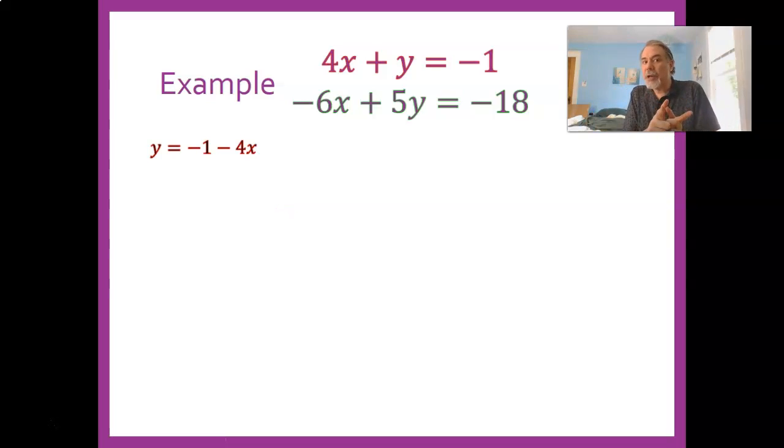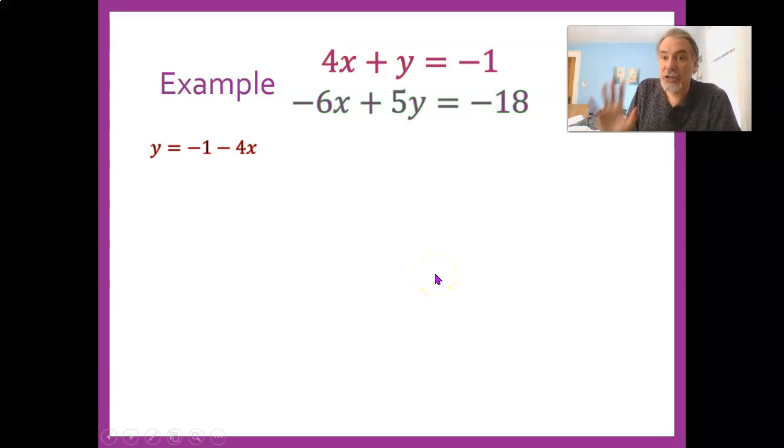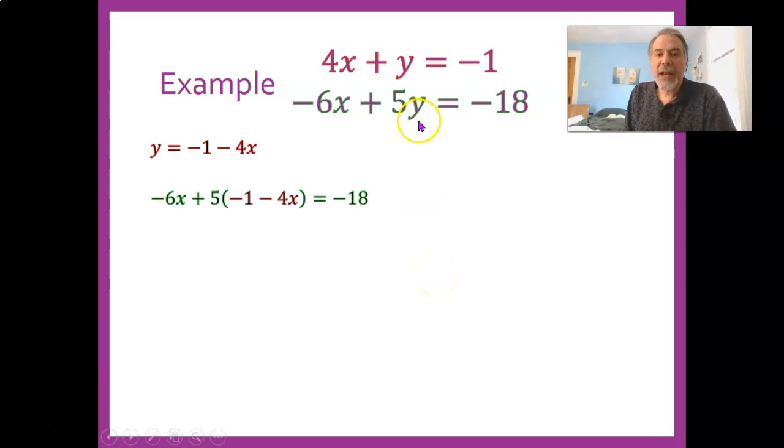Okay, negative 1 minus 4x, you go in for y in that second equation, the one we haven't touched yet. So when that happens, it turns into negative 6x plus 5 times negative 1 minus 4x equals negative 18. Okay, so now we've got this equation that's all about x. Just focus on this equation here, solving it to get x.